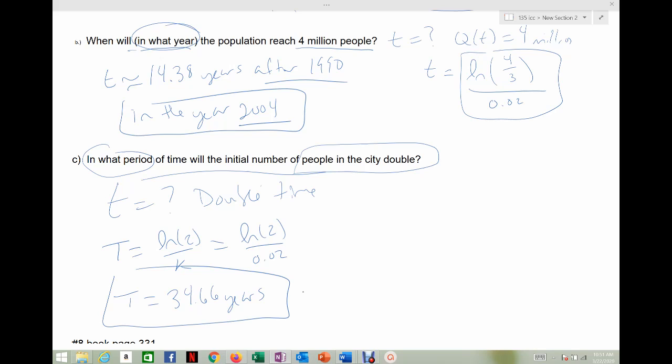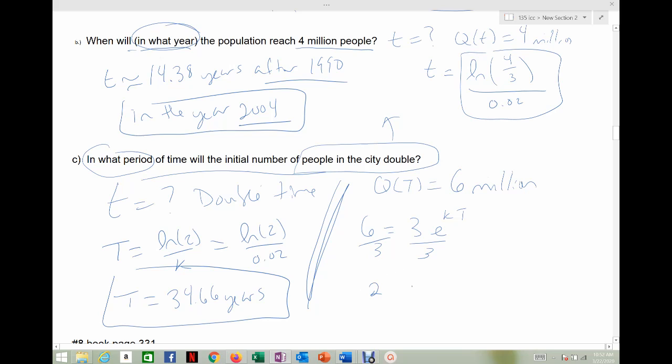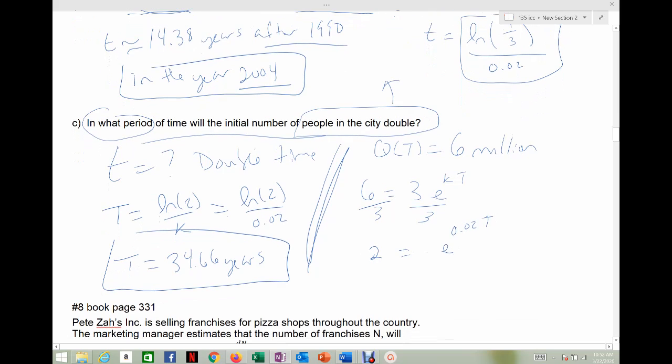per year. If you forget this, you could always do similar steps to what we did here. I know that we're looking for the doubling time, which means I want to find when it grows to 6 million, right? Twice what I started with. And so you could take your 6, set it equal to your equation 3e raised to the k times my doubling time, and then solve, right? And so you'll get, all right, k is 0.02, the same expression, right?